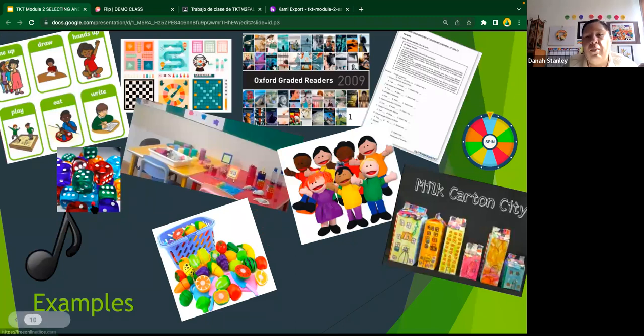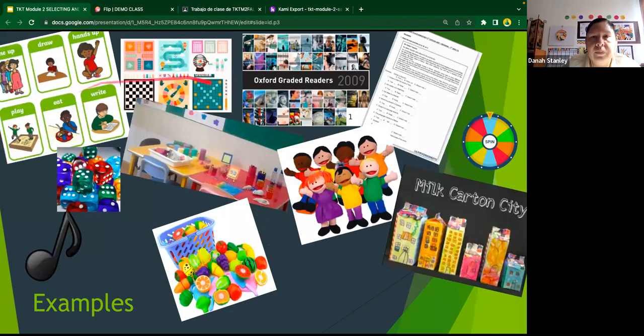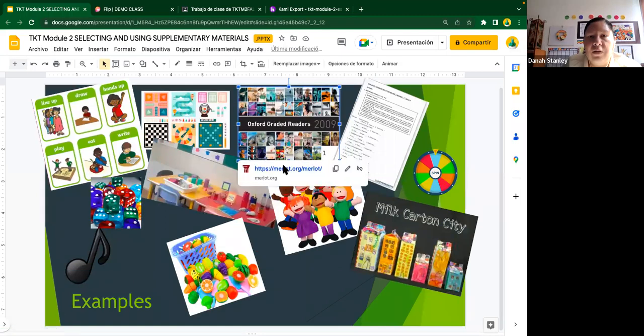Some examples of supplementary material: the cards or the flashcards or cutouts, the Pear Deck that we already saw. This one. This is a reader. Probably this is going to be very useful for you.